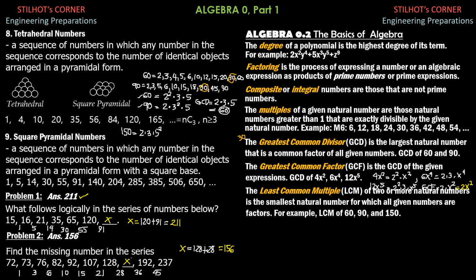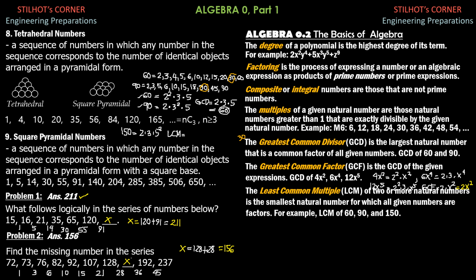That's the complete factored form of 150. So for the LCM, we collect the different prime factors of the numbers with the highest, not common this time, the highest exponent.